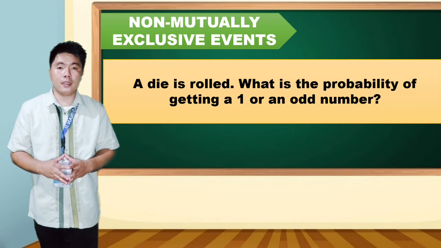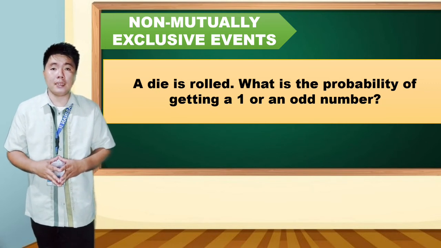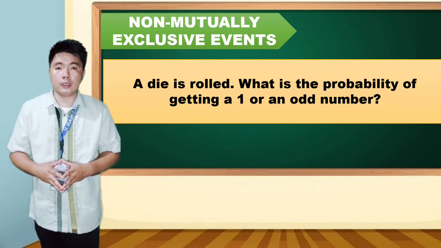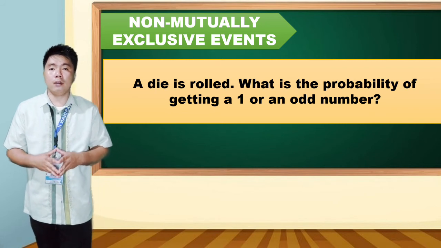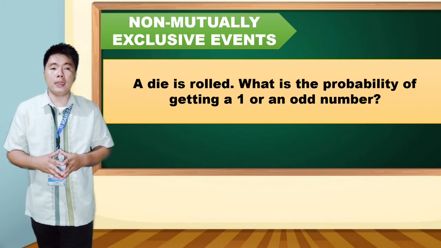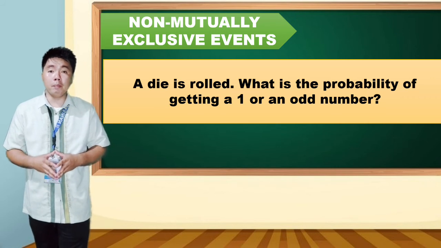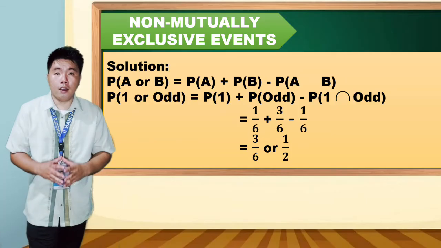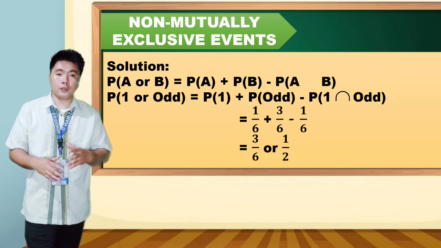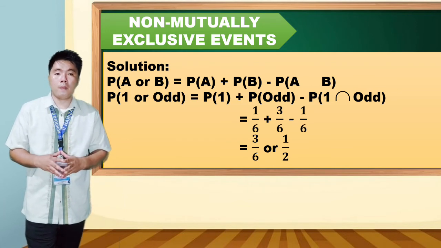Okay students, let's have another example for the probability of non-mutually exclusive events. A die is rolled. What is the probability of getting a 1 or an odd number? Okay, so let's proceed with our solution.